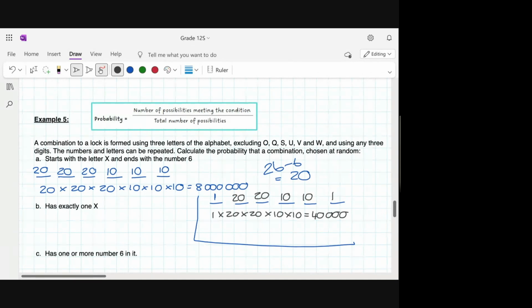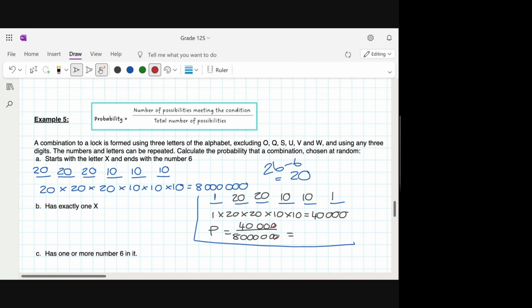So if I want to do the probability now, I'm going to say 40,000 over 8 million. You guys are going to put that on your calculator. I'm going to do it quickly.